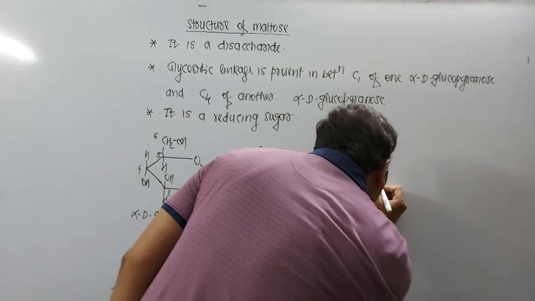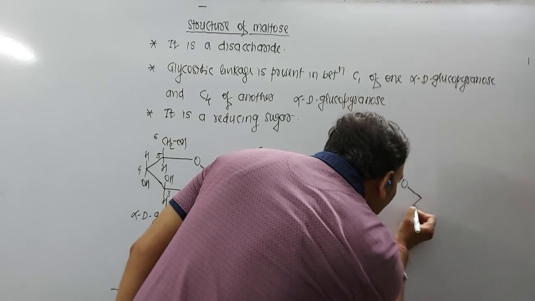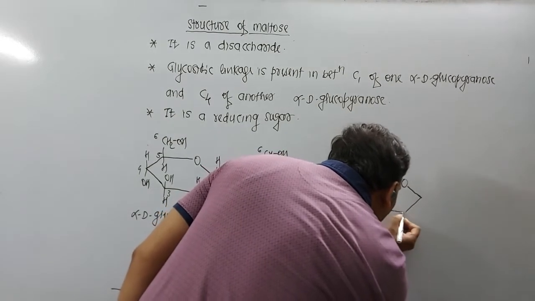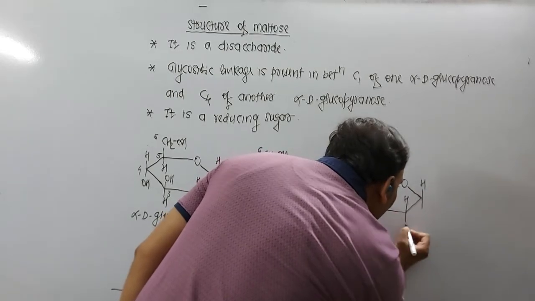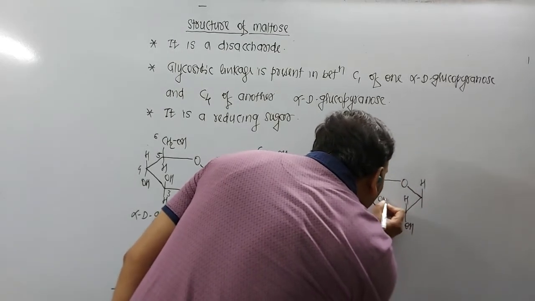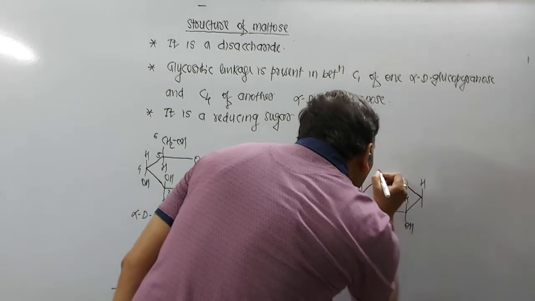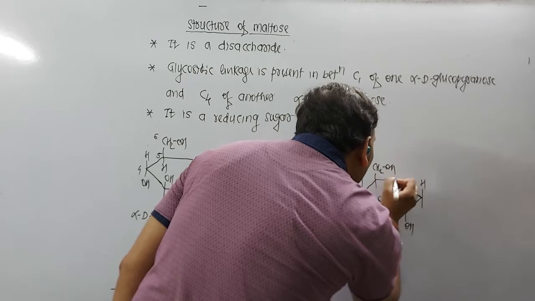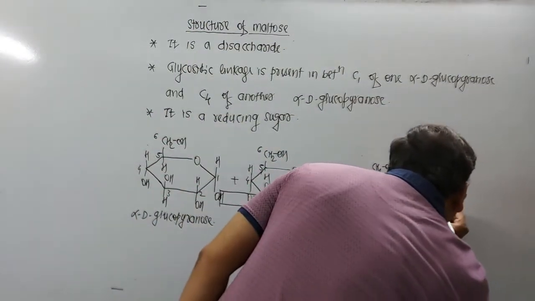Thus, have a look at this. This can be the probable structure of maltose, which can be drawn in this manner: CHOH, OH H, carbon number 4, H OH, carbon number 5, CH2OH, H. Now let's draw the other ring.